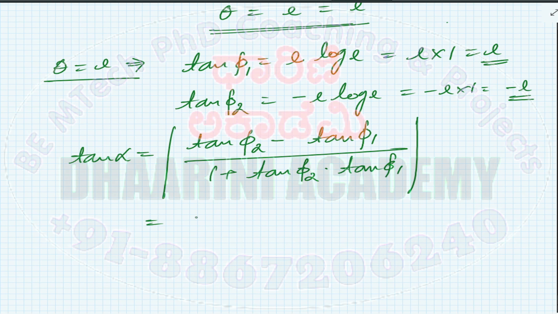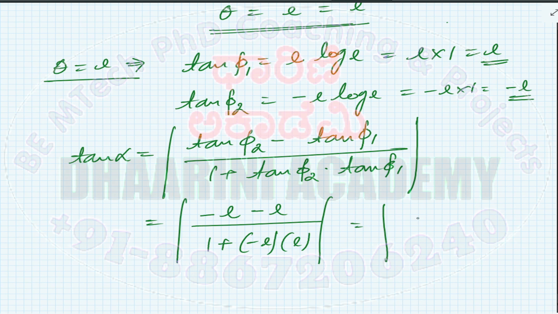So substitution, tan phi 2 is minus e, tan phi 1 is e, that's minus e minus e. This is 1 plus tan phi 2 which is minus e, and tan phi 1 is e, its magnitude.